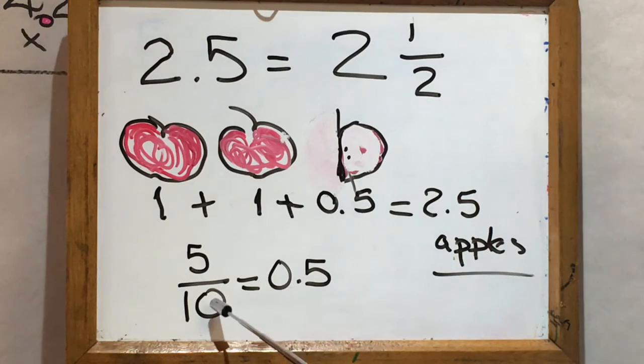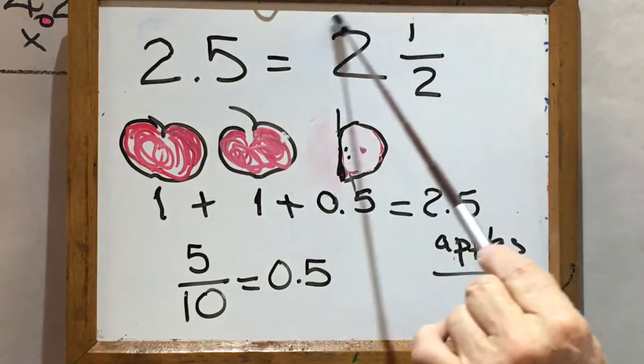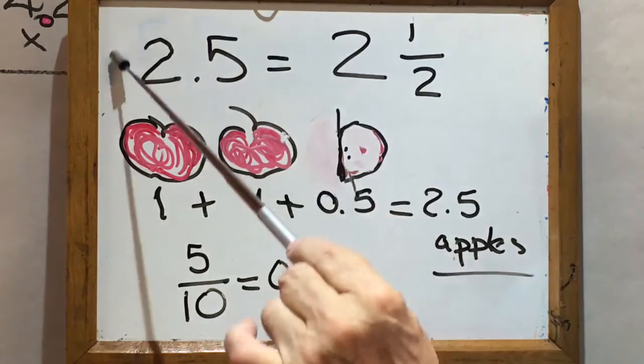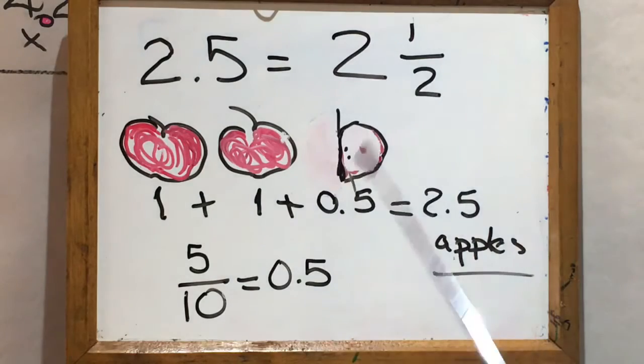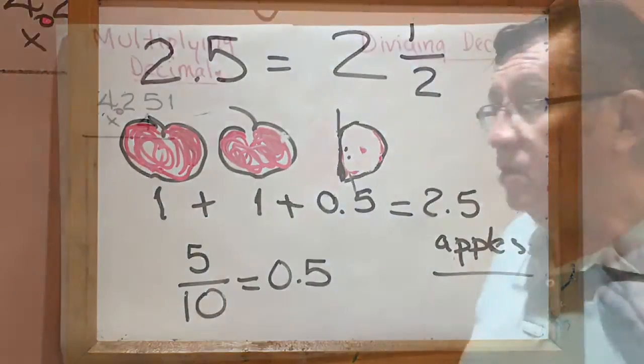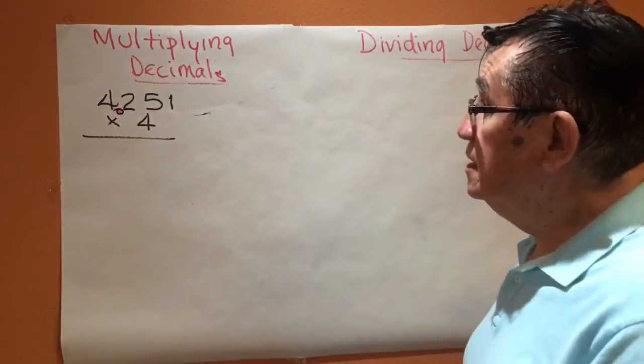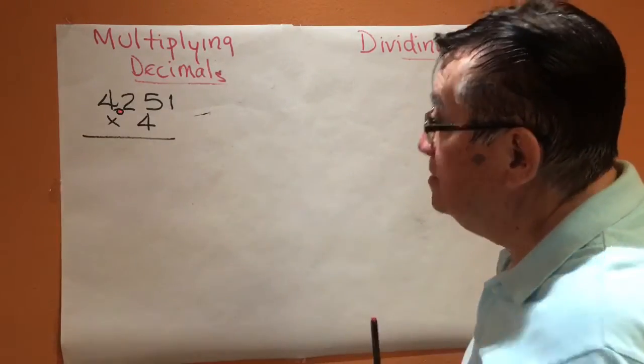So it depends on what's the number that's going to go in the lower number, which is called the denominator. Well, anyway, this is the beginning of how we use the decimal numbers and how we're going to multiply our numbers. Okay, now let's multiply decimals.